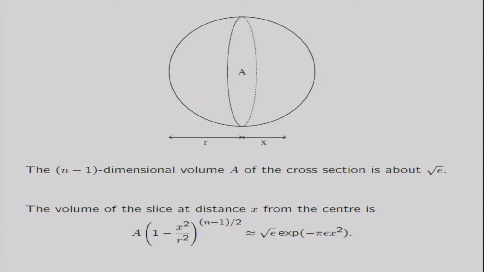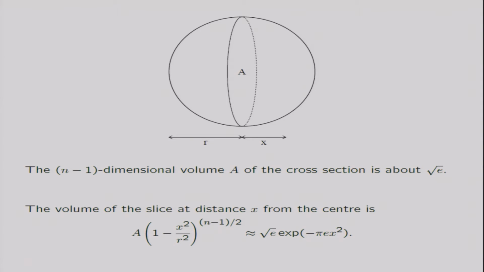Now, where does the volume sit in this horizontal direction? Well, we already saw you take these slices. In order to get the area of the slice, or the n-1 dimensional volume of the slice at distance x, you have to multiply by the radius at that distance to the power n-1. So you have to multiply by this radius, which is root 1 minus x squared over r squared, to the power n-1.